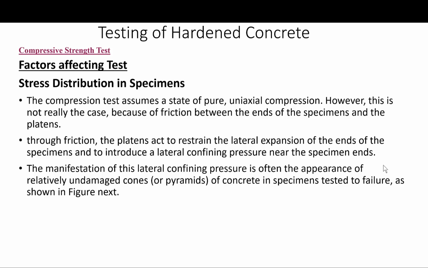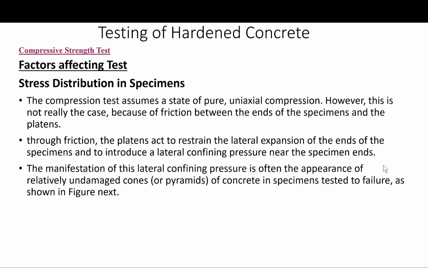This confining pressure, which also introduces shear stresses, by the way, is greatest right at the specimen ends, and it gradually dies out with distance from the end, approximately a distance equal to square root of 3/2 of the diameter. So that is something you have to keep in mind.